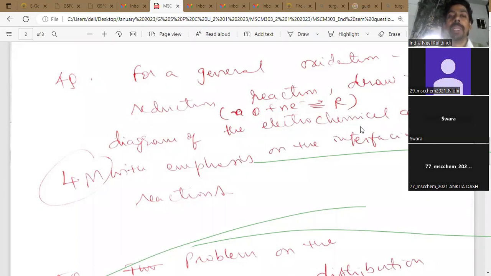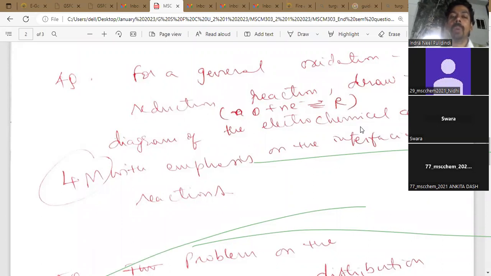For a general oxidation reduction reaction, the reaction is represented as O plus n into e minus, n e minus meaning n number of electrons, in equilibrium with R. R means reductant. O means oxidant. Draw the diagram of the electrochemical cell with emphasis on the interfacial reactions. This is also present in Peter Kissinger next to the family tree diagram.